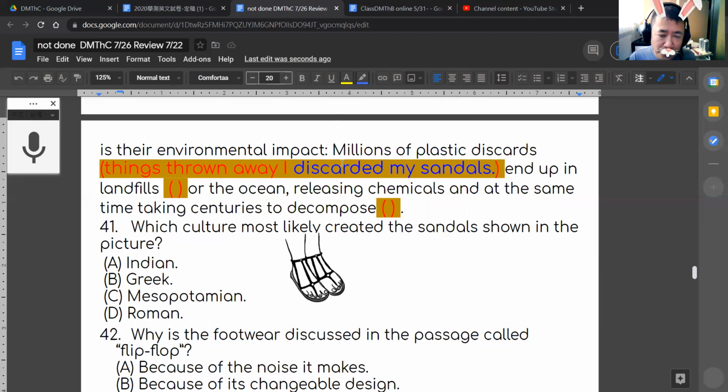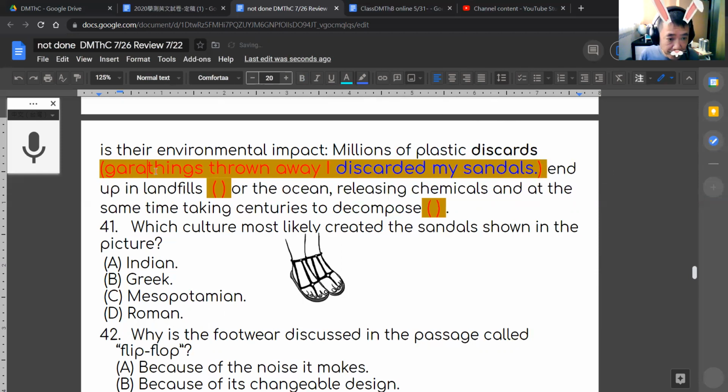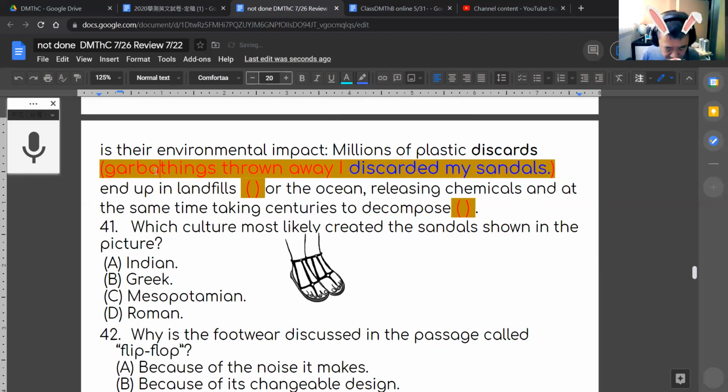And I use the 复数 discards. This is a relatively new use of the word. So to use discard, which is a verb, as a 名词 to mean garbage. Discards, things thrown away. In other words, garbage.